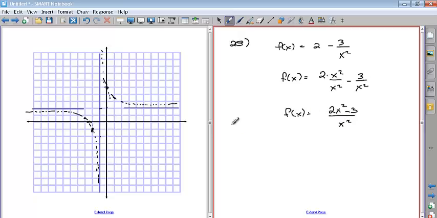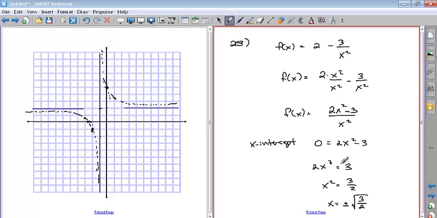Okay, so what do we got here? X-intercept. That'll happen when the numerator goes to 0. So if you solve that, you'll get 2x squared is equal to 3, x squared is equal to 3/2, x is equal to plus or minus the square root of 3/2.